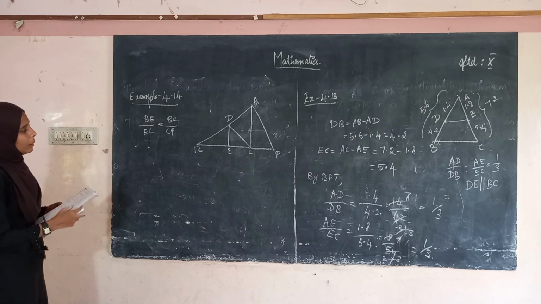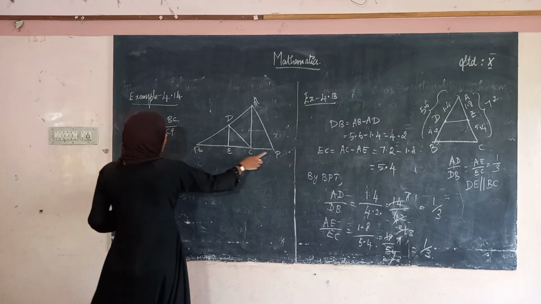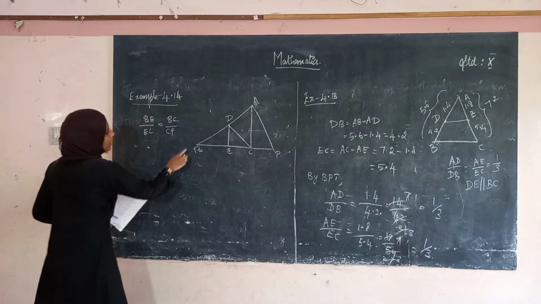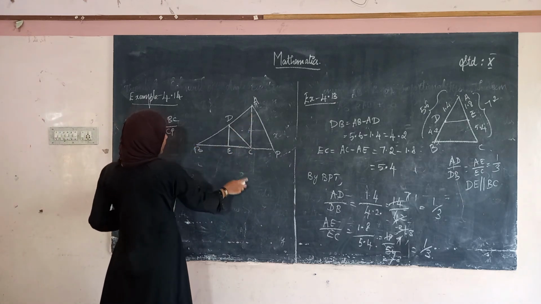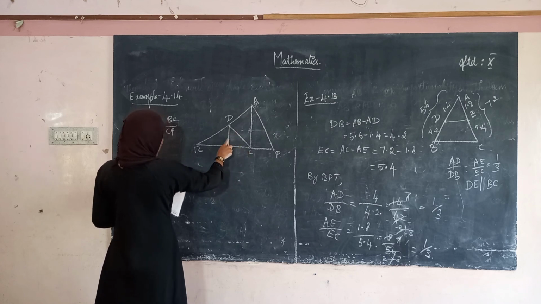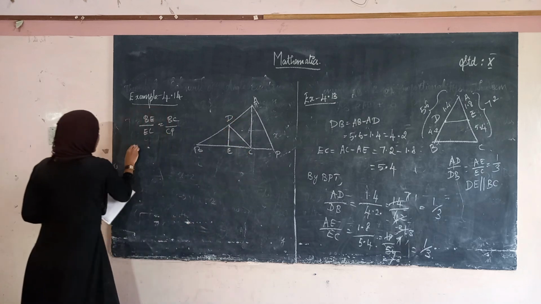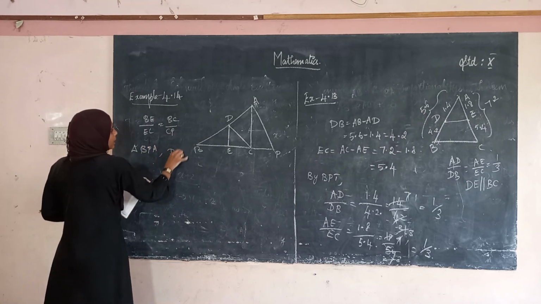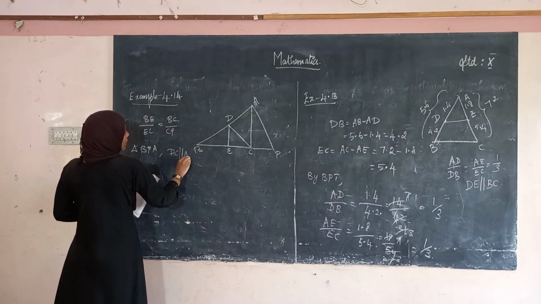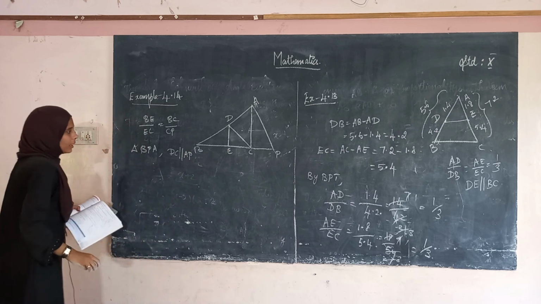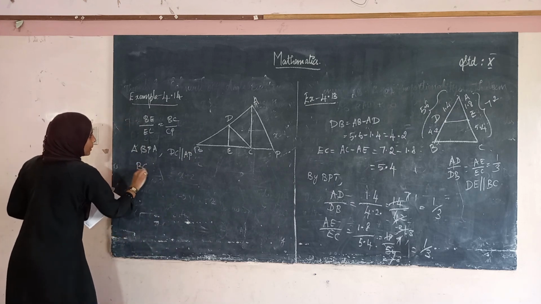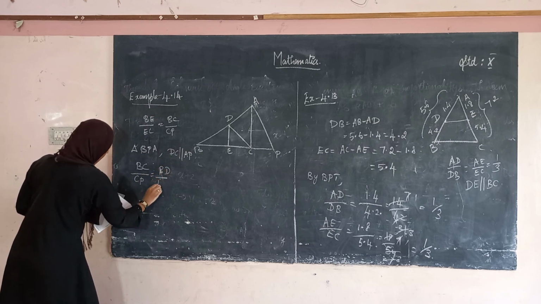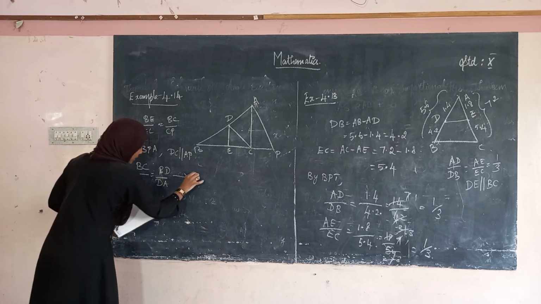So in triangle BPA, DC is parallel to AP, right? Then what we can write? We can write BC divided by CP is equal to BD divided by DA. Let us take this as 1.